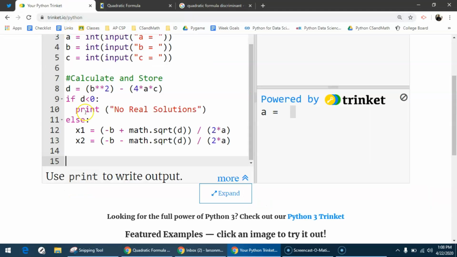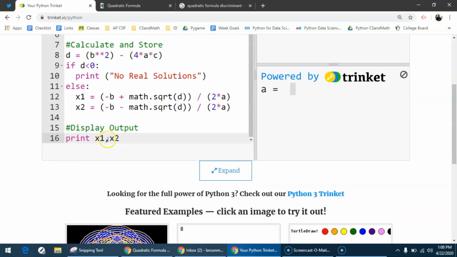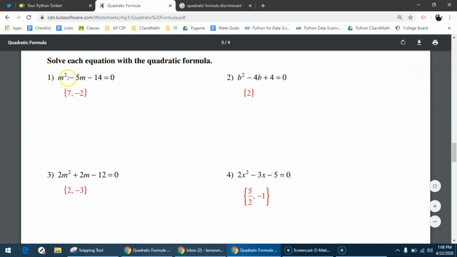So if I go in here, remember our third step is to display output. And I've already written this, so I'll just say print both x1 and x2. You can print multiple things at once, just separate them with a comma. And so now I'll test this first one.